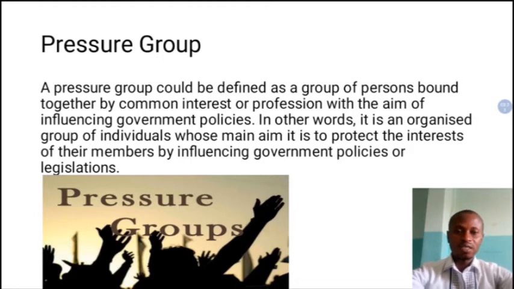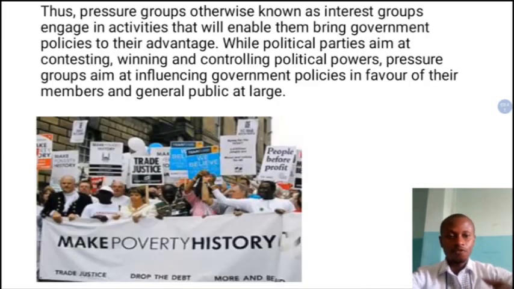Now, we also say that it's an organized group of individuals whose main aim it is to protect the interests of their members by influencing government. So you can see we are saying the same thing: influence government policy, influence legislations. Legislations are laws made by the legislature.